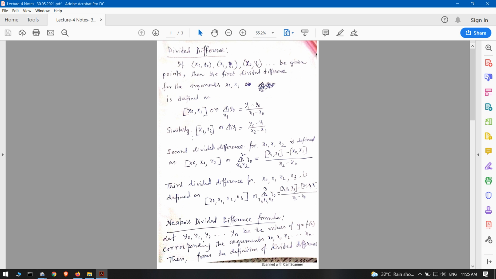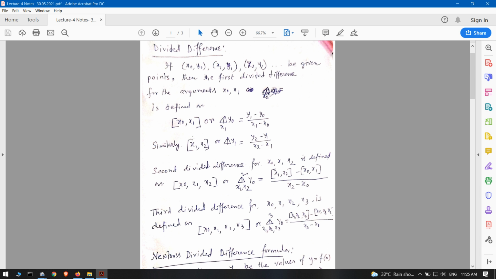It is denoted by that symbol squared, meaning divided difference square y0, and below the values will be x0, x1, x2. That will be basically the divided difference of x1, x2 minus the divided difference of x0, x1, divided by x2 minus x0. That is the second divided difference. Similarly, we can also calculate the third divided difference.